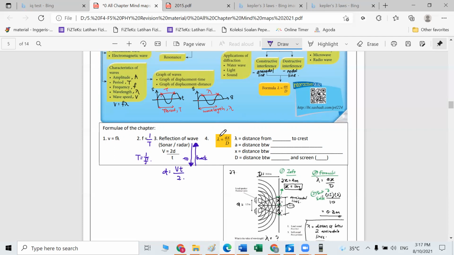So now lambda equals to ax over D, interference. Wait, what is a and lambda? What is x and D?